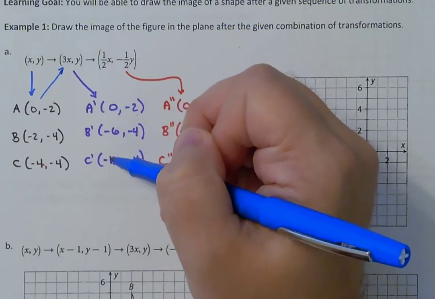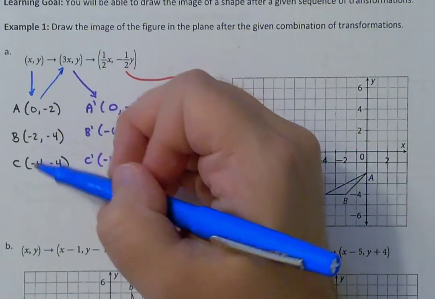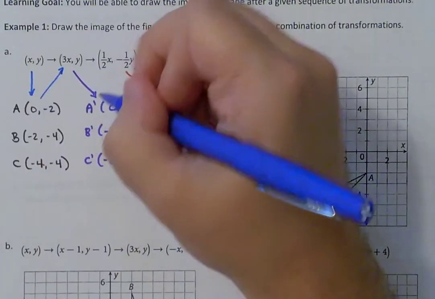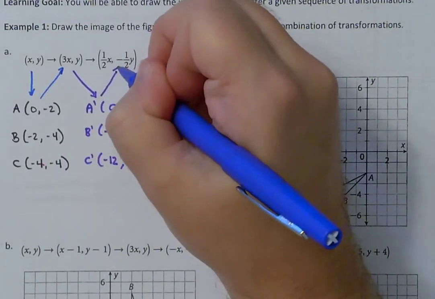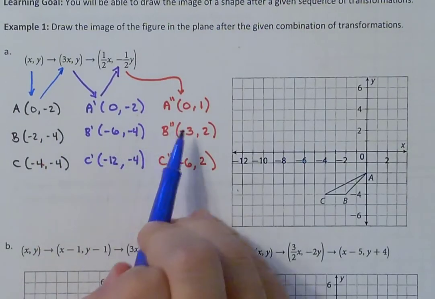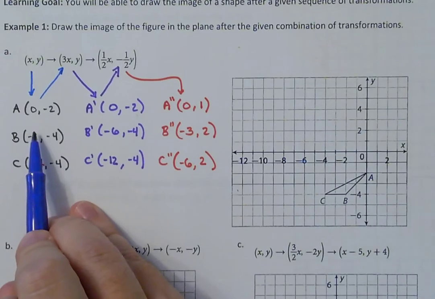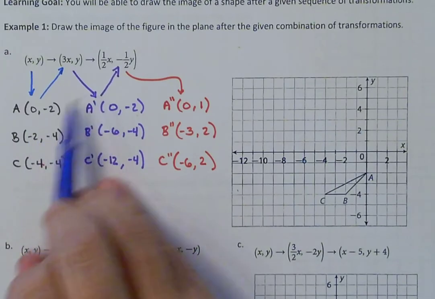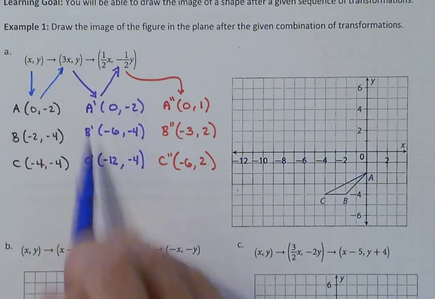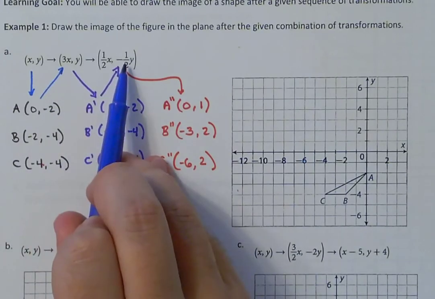Once you get your new points, you do not go back to this set and plug them in here. Instead, you take your new points and you plug them into your new transformation to get your new set. So you keep continuing on. You don't keep going back to the original. Once you've transformed them, this is your new set that you plug in.